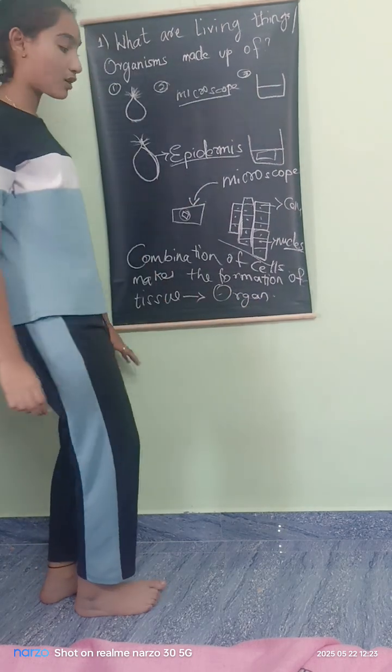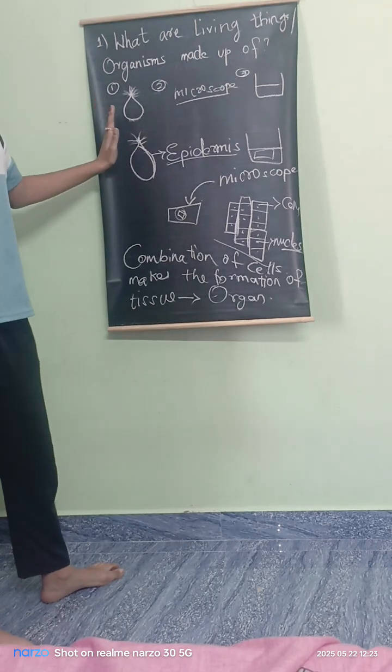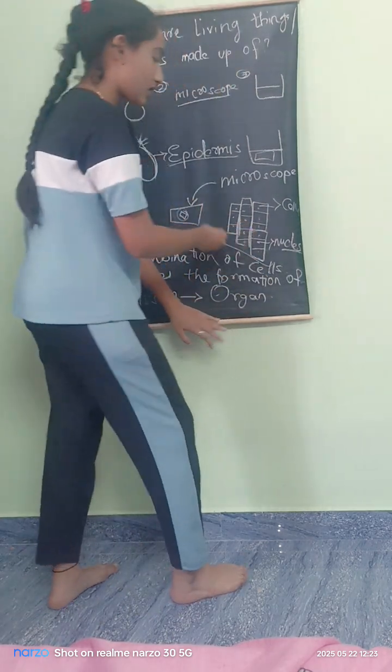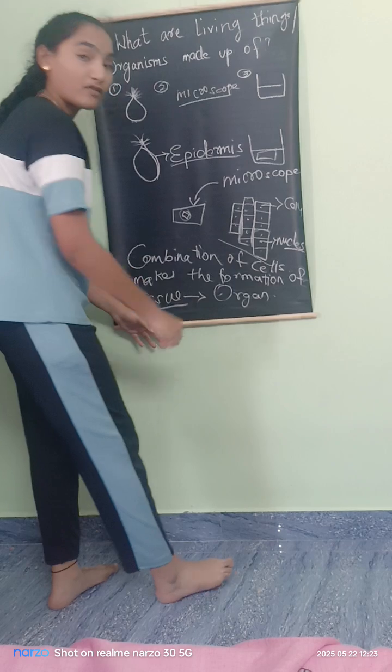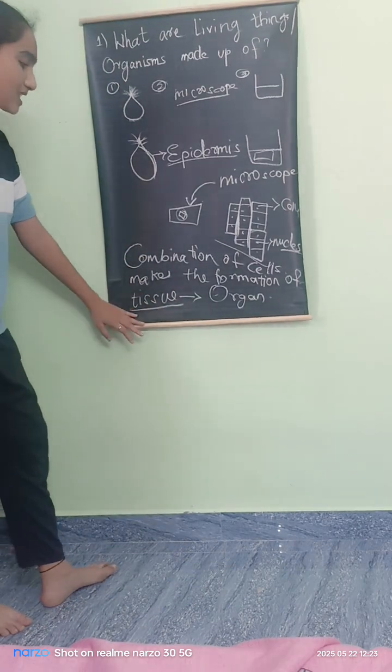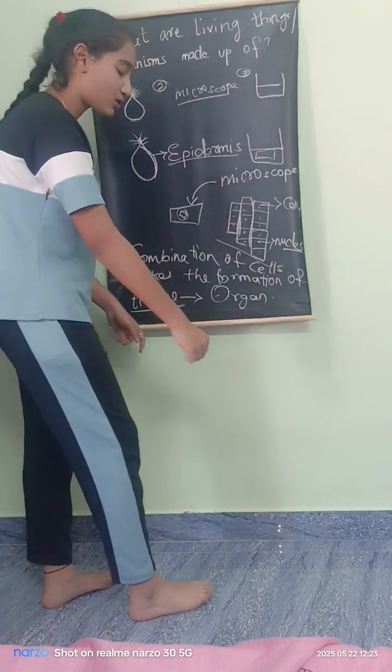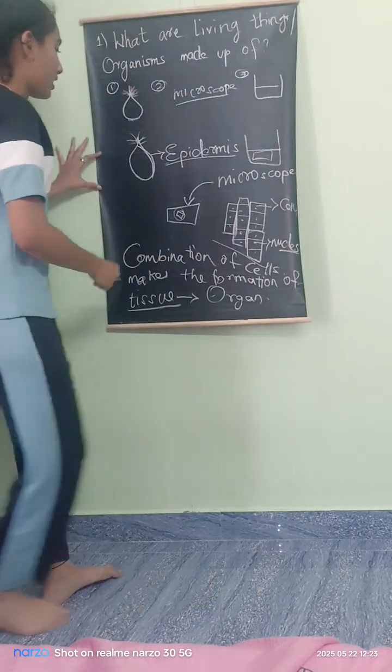Actually, this happens in our body, but in the case of this onion bulb, cells combine to form a tissue, and these groups of tissues combine to form an onion.